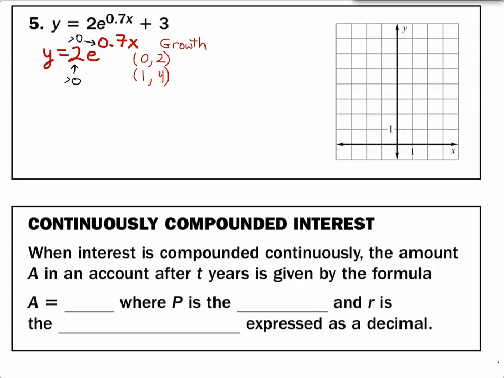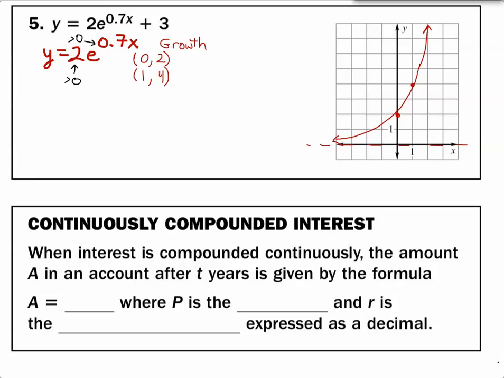So, going to the graph, we have the point 0, 2 and 1, 4. And we can go ahead and draw ourselves an exponential growth curve based on that. Remember that our asymptote is on the x-axis, because all asymptotes begin on the x-axis for our exponential functions.